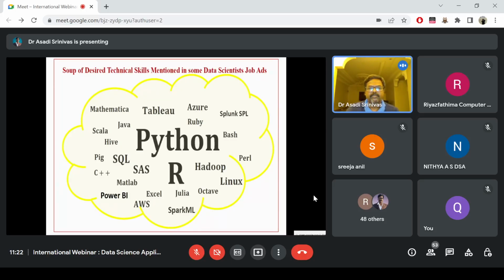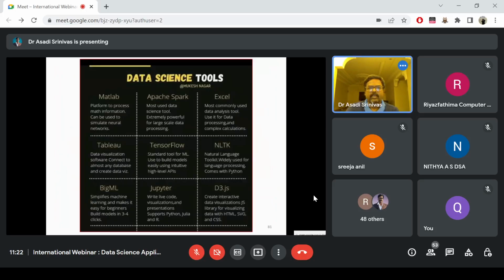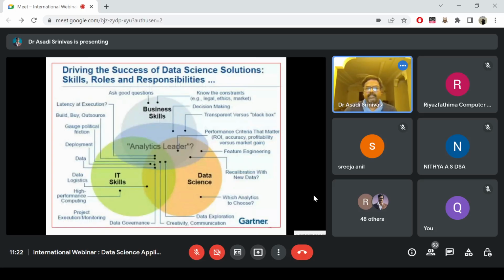And I'm using various data science tools like MATLAB, Tableau, BigML, Jupyter, TensorFlow, Apache Spark, Excel, NLTK, D3, and these are according to the Gartner survey.